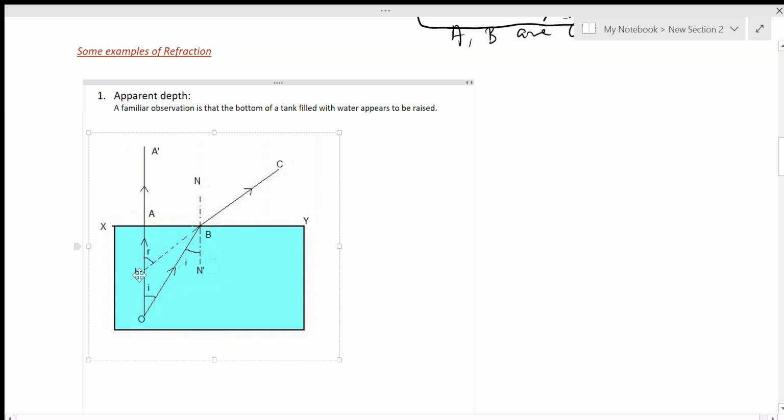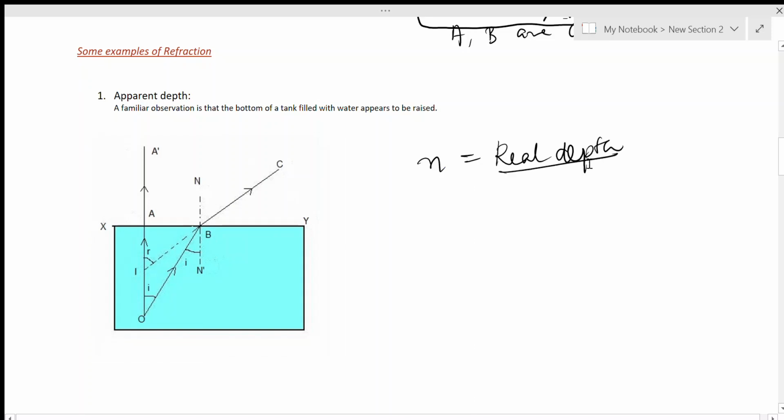Sometimes the question will be to find out this shift in position. So we have to use the formula n equal to real depth divided by apparent depth. Real depth, for example, you are taking this as t.